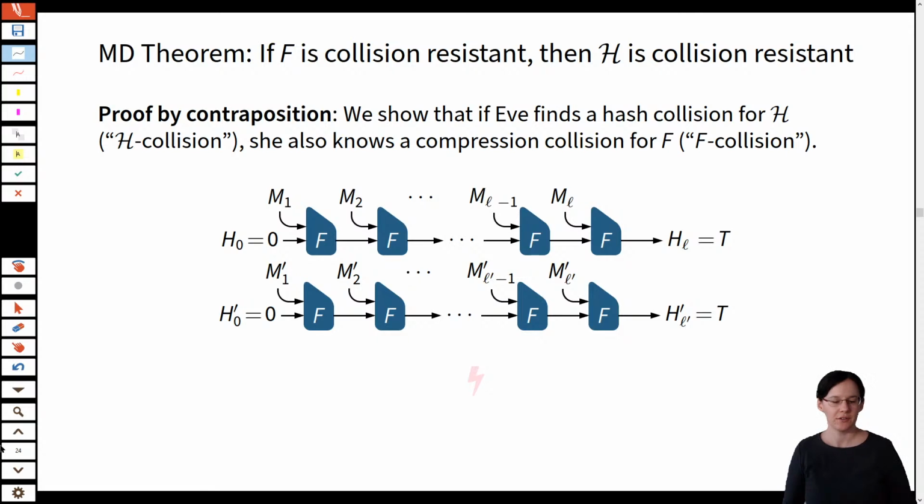So it means to show this implication, P implies Q, we show that if not Q, then not P. So in the present case, this means that we show if the adversary can find a collision for the hash function, then they can also find a collision for the compression function. So this is the contrapositive of the original statement.